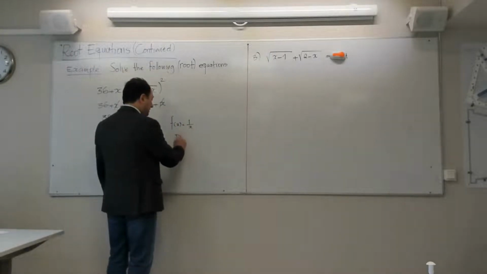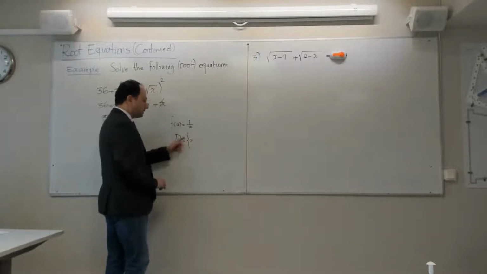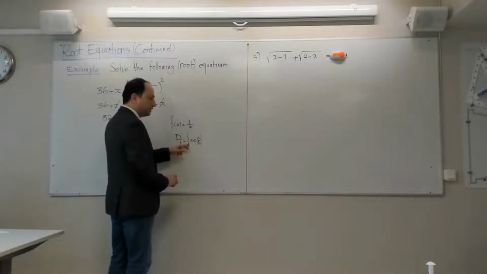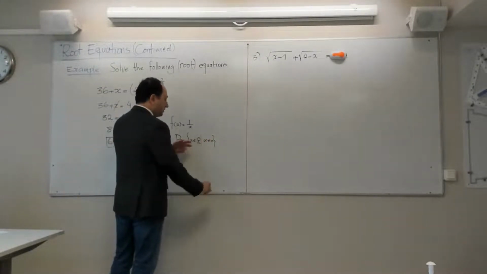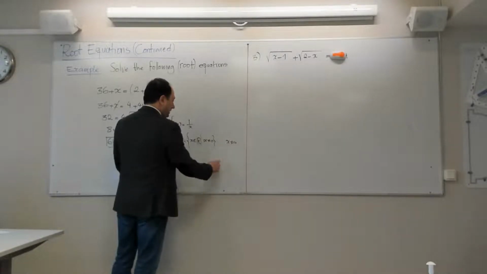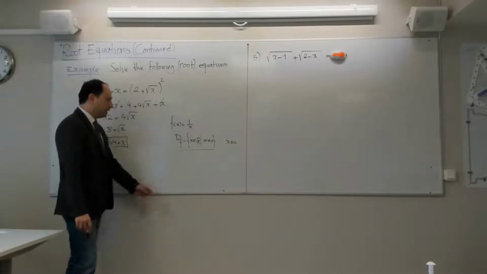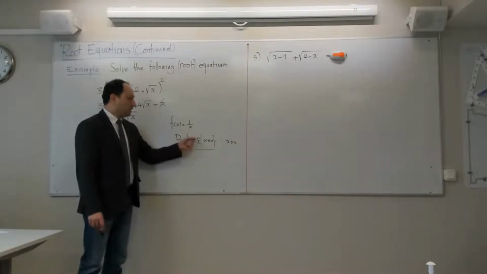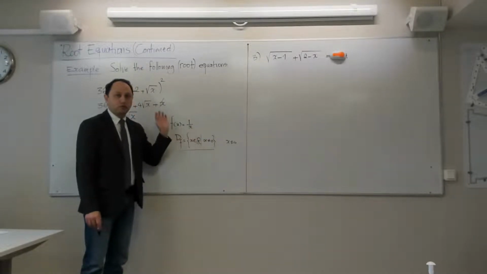Formally, the domain of f is the set of x's from the set of real numbers such that x is not equal to 0. It means that I am not allowed to put 0, but I am allowed to put any other number.